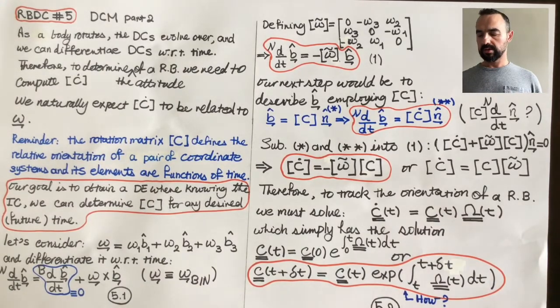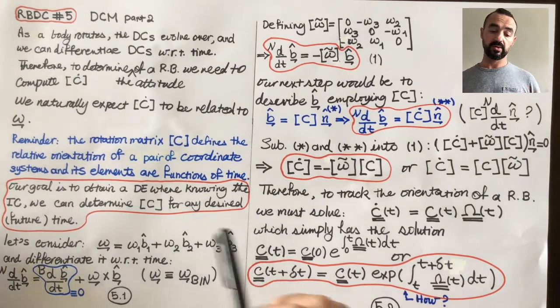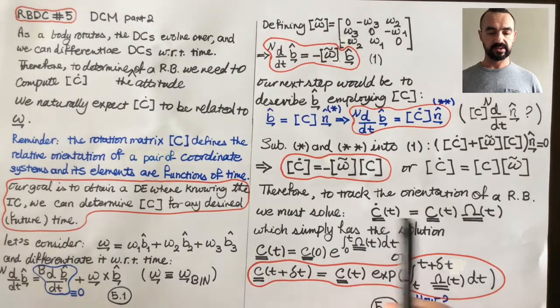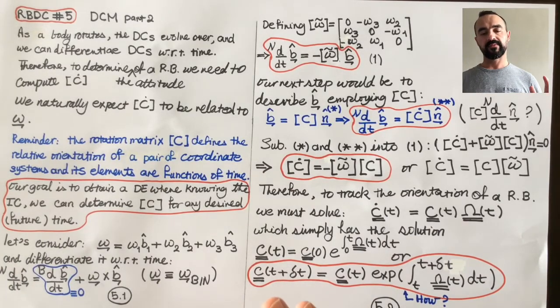So now our goal eventually is to describe, because this direction cosine matrix changes with time, right? Because it changes with time, our goal is to find the rate of change of this direction cosine matrix. Because if we know how this direction cosine matrix changes with time, and if we know the initial condition, then we can always compute the current direction cosine matrix.